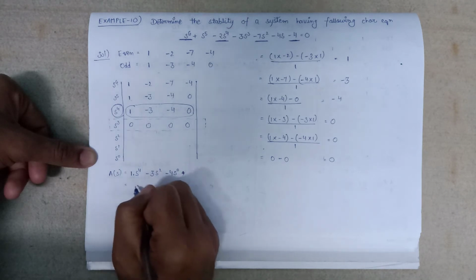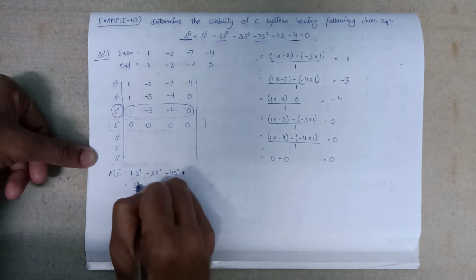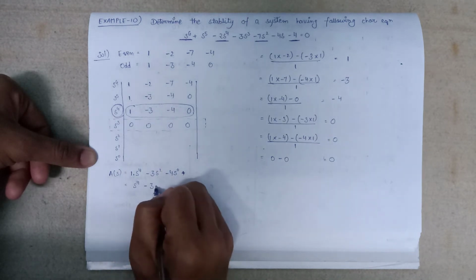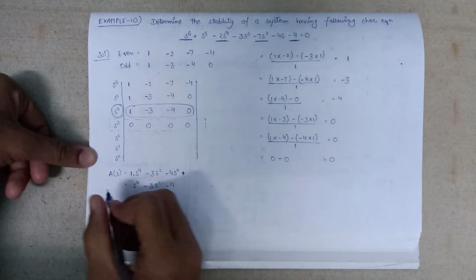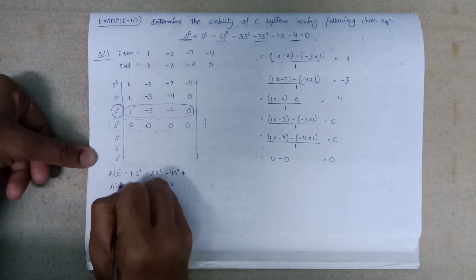We can rewrite this auxiliary equation as s to the power 4 minus 3 s to the power 2 minus 4.